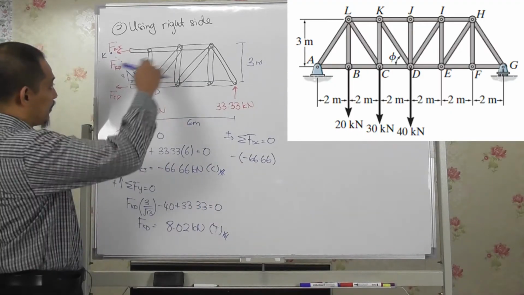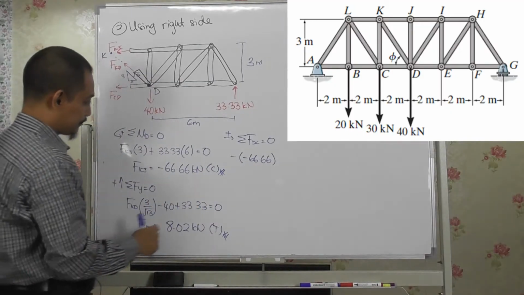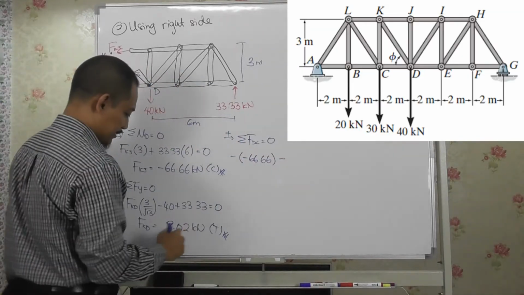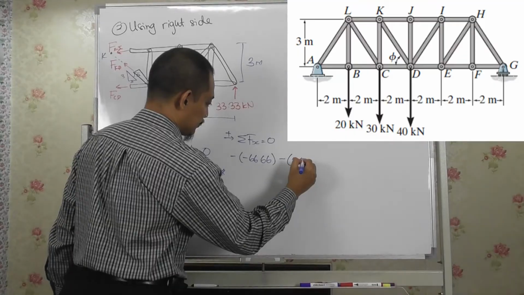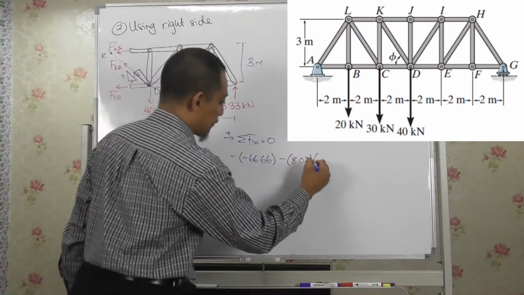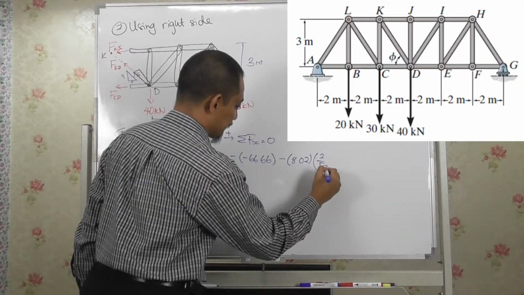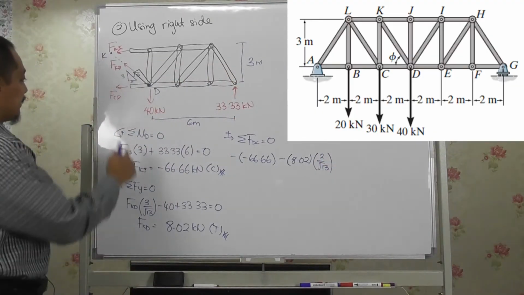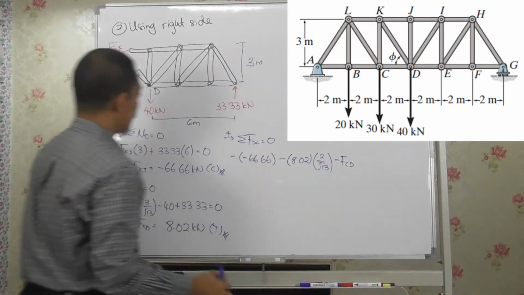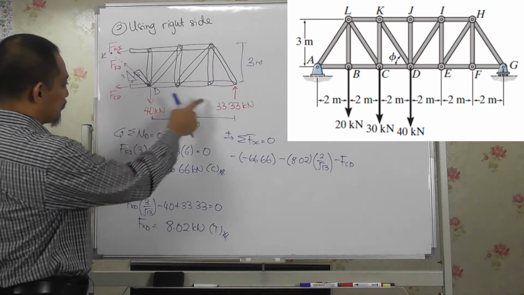Okay. And then you have FKD. So also negative to the left. So FKD is 8.02, but you have the angle here, so 2 over square root of 13. And then you have minus FCD, no x, right?